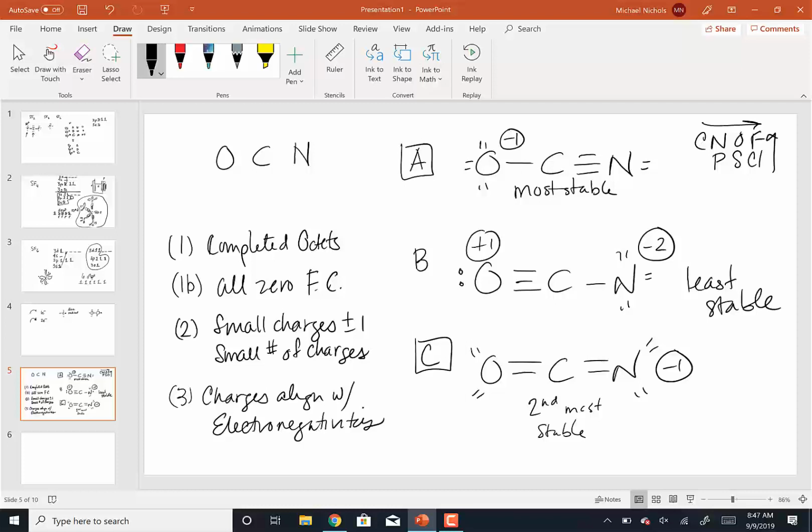So if I look at the oxygen, what is it in one case? -1. What is it in the other? 0. What's the average? Well, you might say -0.5, but I don't care about the exact number here because I don't know how much more stable A is than C. They're not 50-50. So what I would say is it's somewhere between 0 and -1.